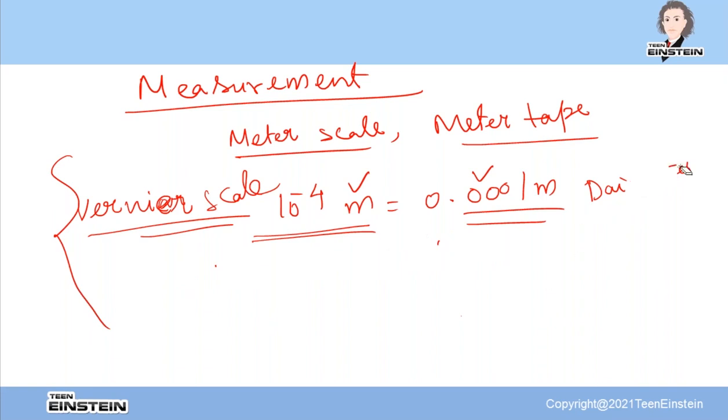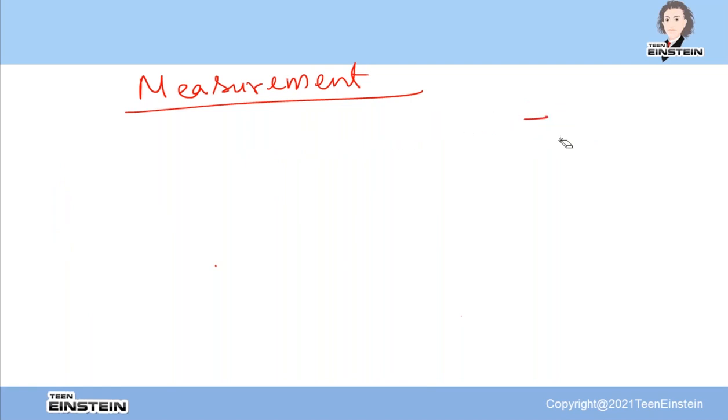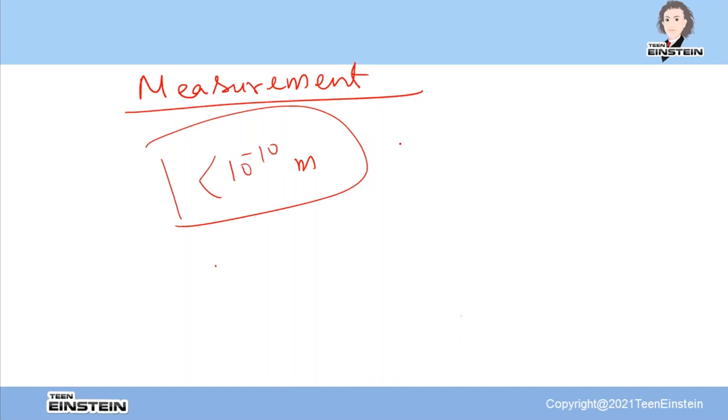But suppose I have to measure a very large distance, like the distance of a planet from the earth. How do I measure that? And suppose I have to measure a very small length, of the order of 10 to the power minus 10 meter, that means an angstrom, or even less than that. How to measure this? There are indirect methods as well.